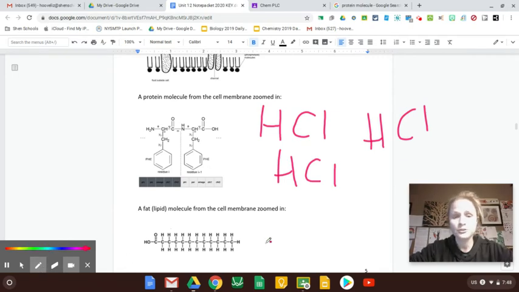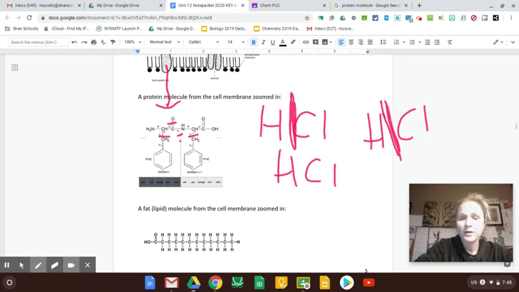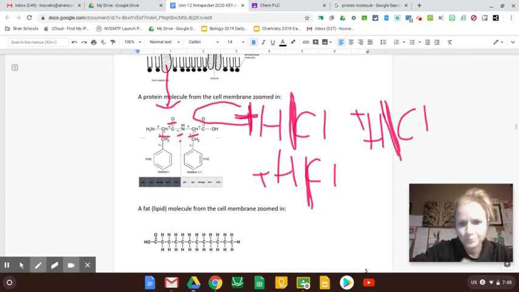Okay, so let's zoom in on one of these proteins. So here's a protein, the actual molecules. It's made of C's and O's and N's and H's. That's what most things in your body are made of. And when this is hydrochloric acid, when it breaks apart and you have all these hungry little H+ who are very unstable, very, very positive, dying to react, they are going to go in and be like, I really want an electron. I think I'll bond with this O. And now that H is bonded with that O and has ripped it away from your protein.